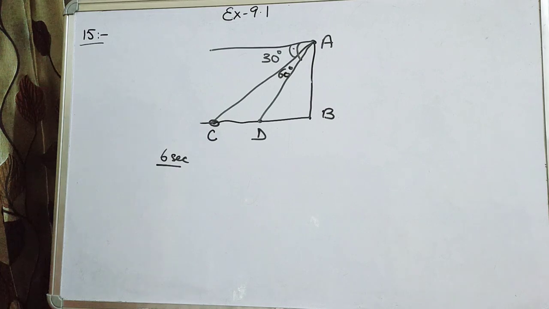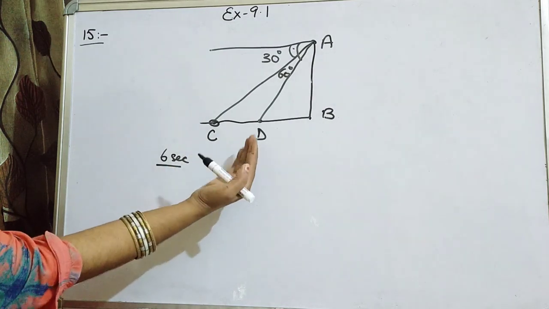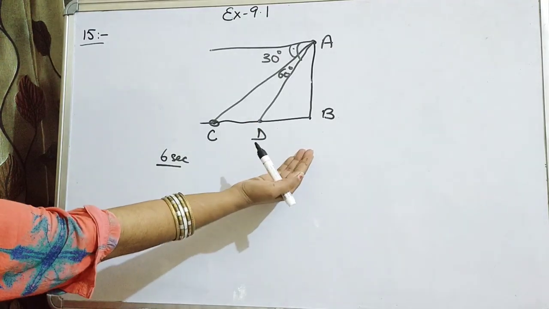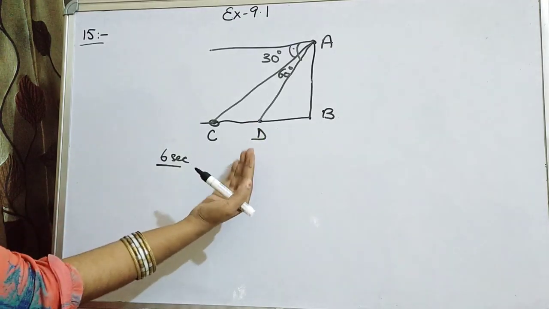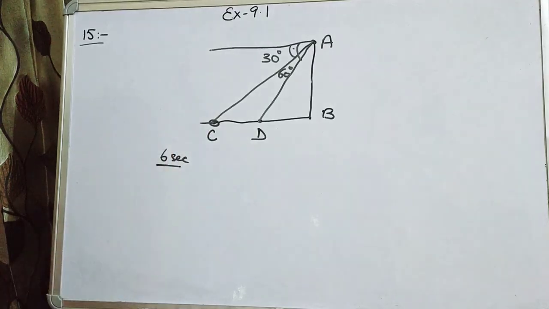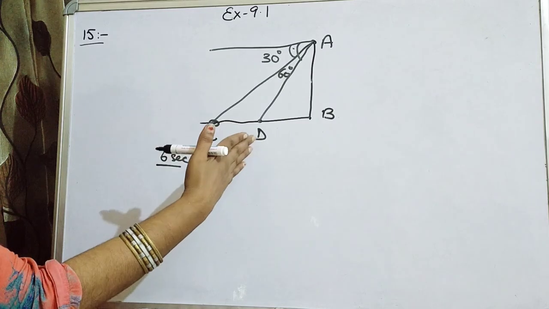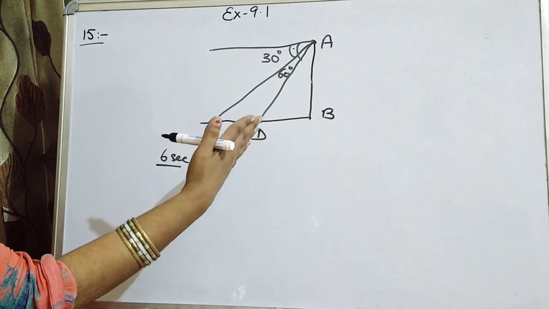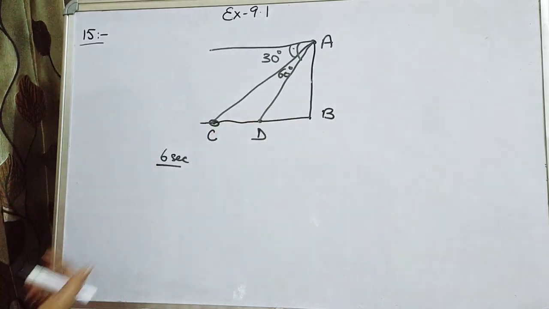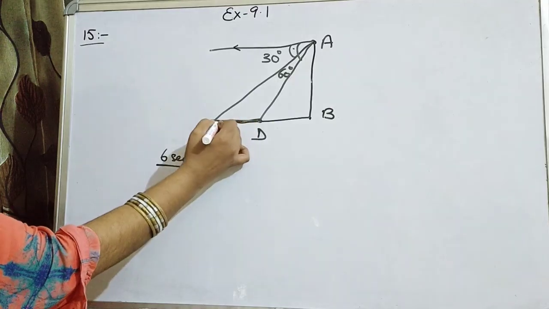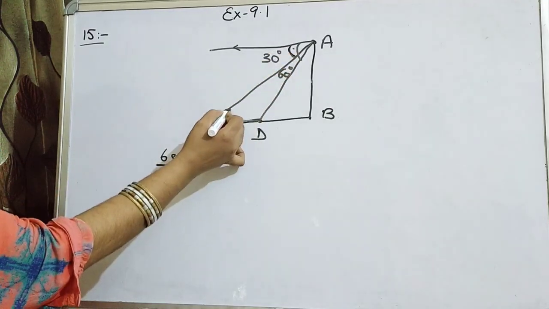And we have to find out the time taken by the car to reach the foot of the tower from point D. That means we have to find the time the car takes from point D to point B. We know that this is a horizontal and this is level ground, so this angle must be equal to this angle.